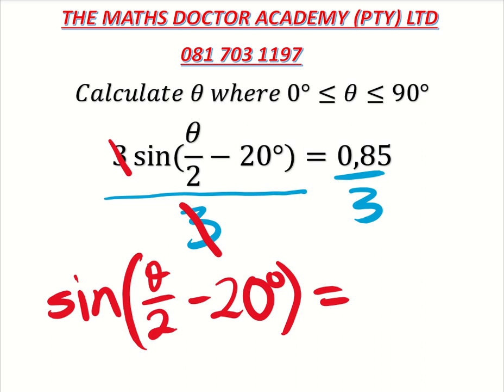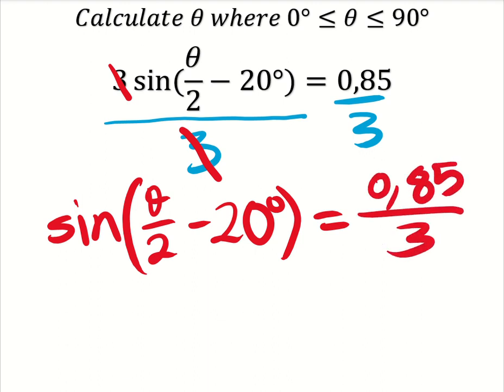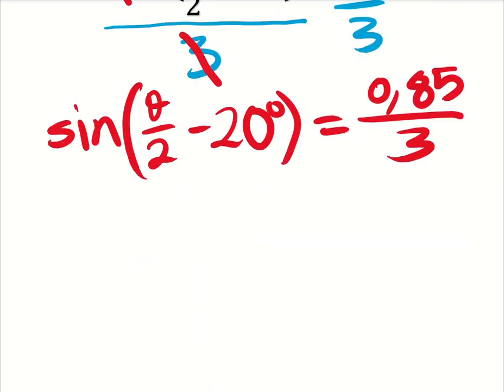We cannot write it as a decimal because it doesn't really terminate, so we can't put the entire number on our screen there. We're just going to leave it as it is, and we can't round it off either. Why? Because we are not yet at the final answer, so it's not good to round off before getting to the final answer.